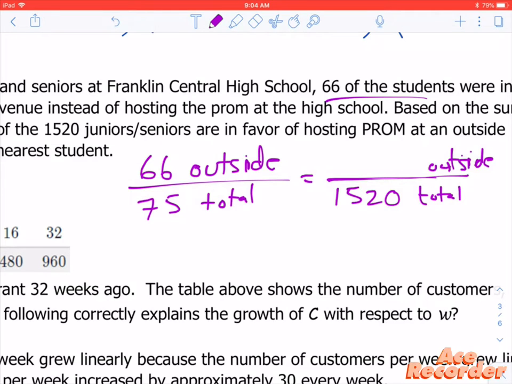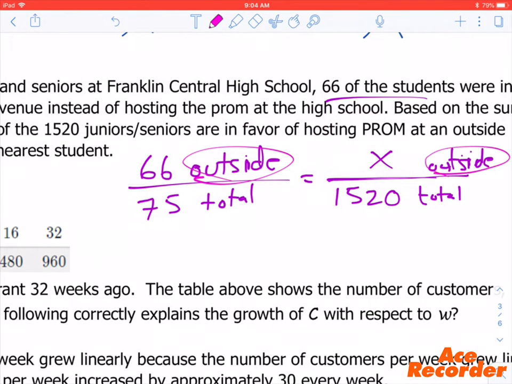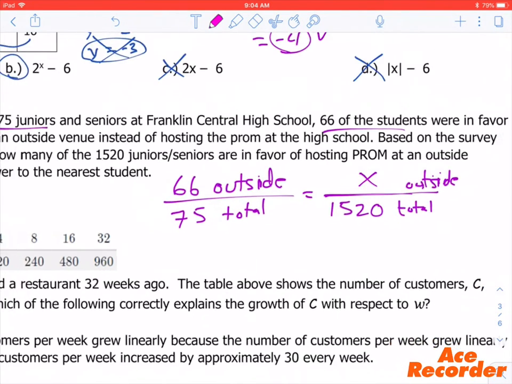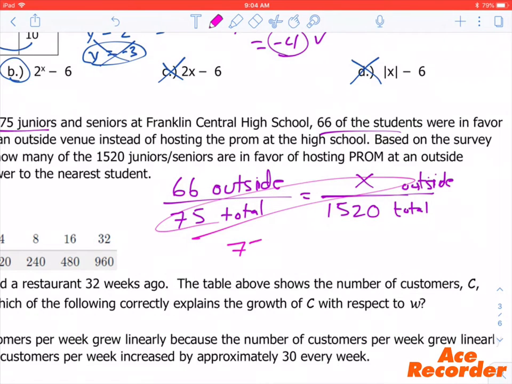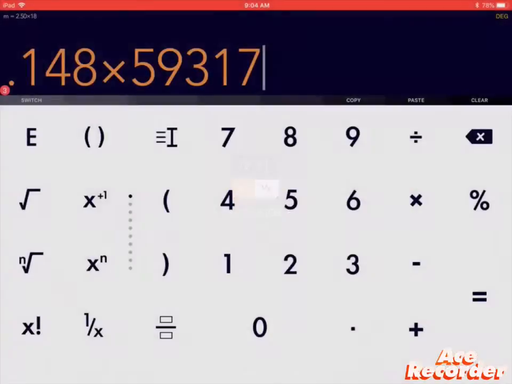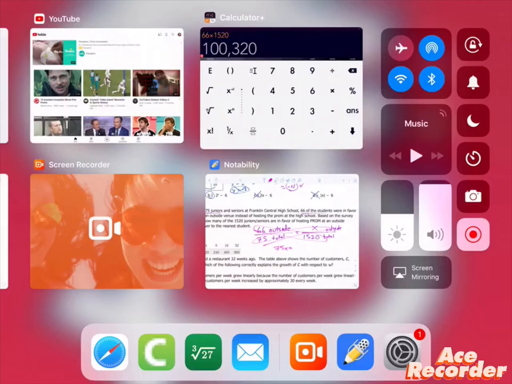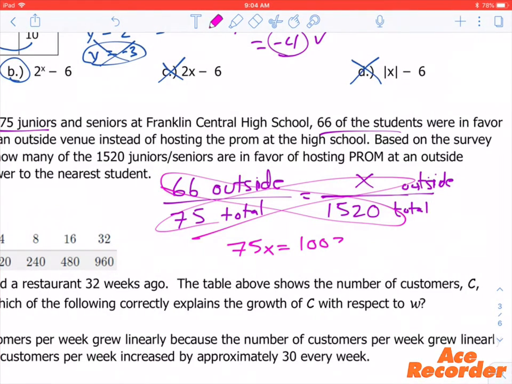So for 1,520, we don't know how many, so we just say x. Again, look at your units: outside on top, total on bottom. Okay, and so let's go ahead and cross multiply. We got 75x equals 66 times 1520, which, using my calculator, is 100,320, and divide by 75, and what do we get?